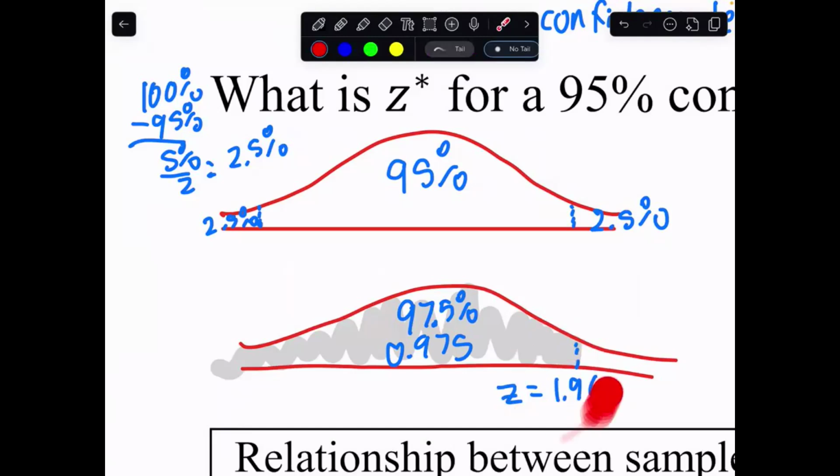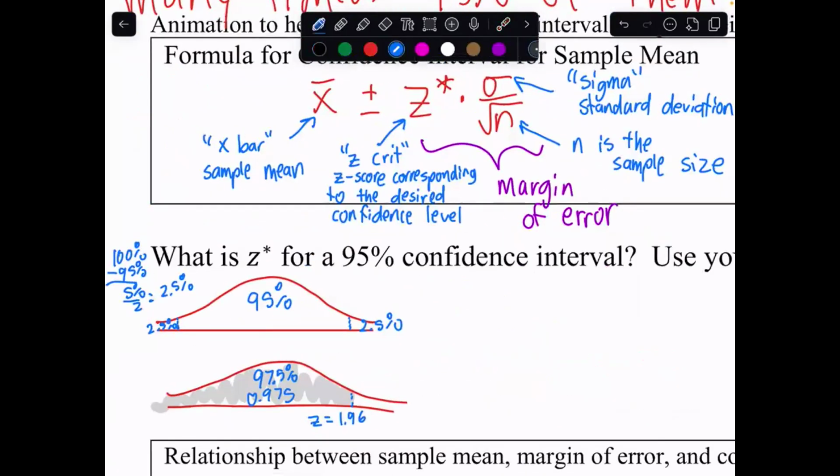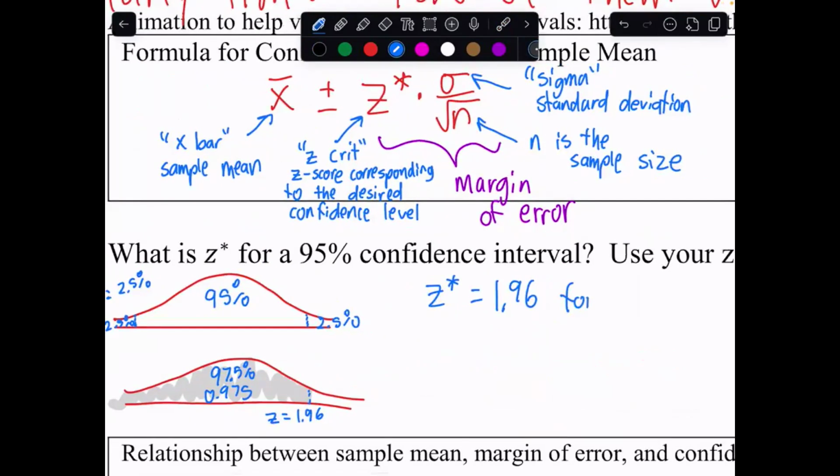Okay, so again, what did we just figure out? That a z-score of 1.96 gives us the 97.5% to the left, which means it'll also include the middle 95%. So our conclusion: z-crit will be 1.96 for a 95% confidence interval.